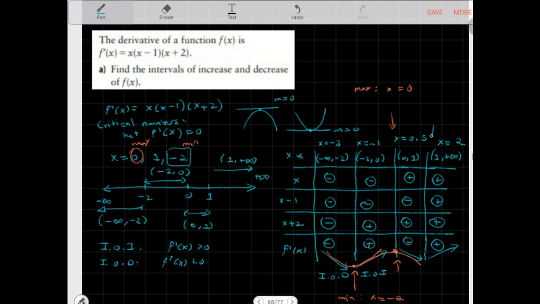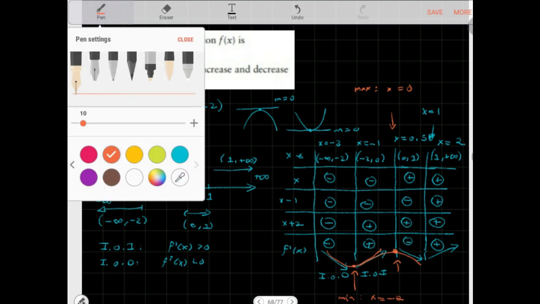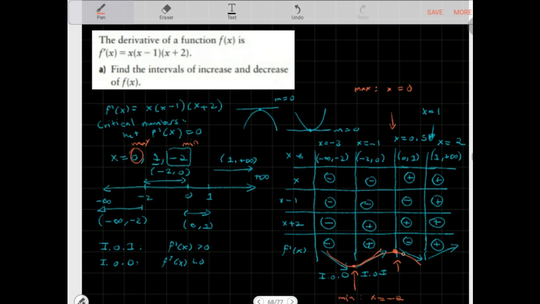We also know that there should be a 0 at 1. So x equal to 1 is a 0. And in this scenario, if you take a look at the slopes, you go from an interval of decrease to an interval of increase. So this point here should be a minimum. So this is a minimum.